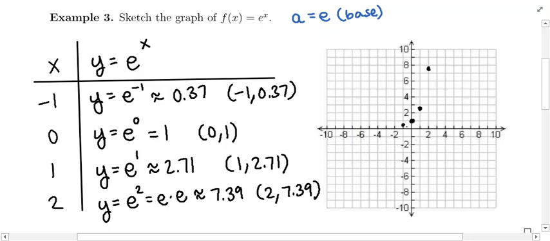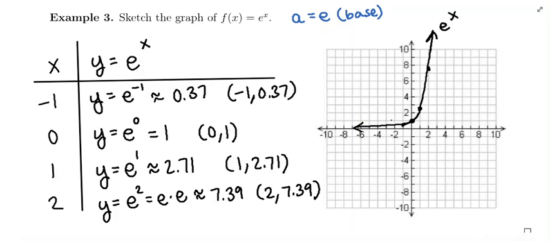So again, what you need to get out of this is that e to the x has the same basic shape as both 2 to the x and 3 to the x. One side climbs very quickly, the other side levels off at the x-axis. So very, very similar shape, just different points that the function goes through.